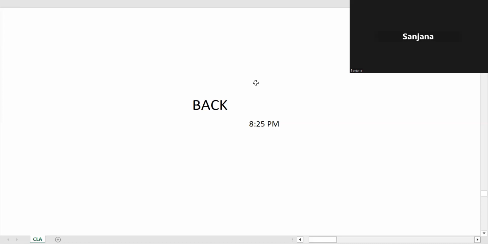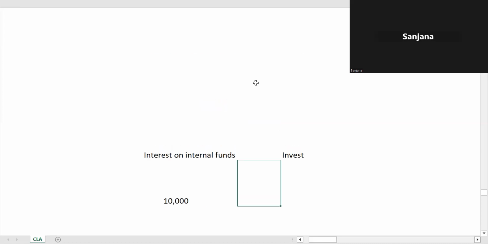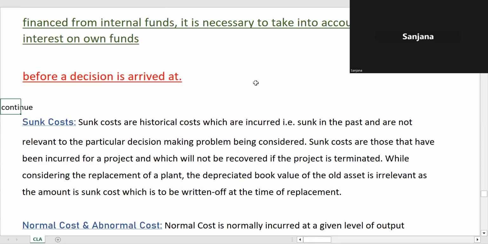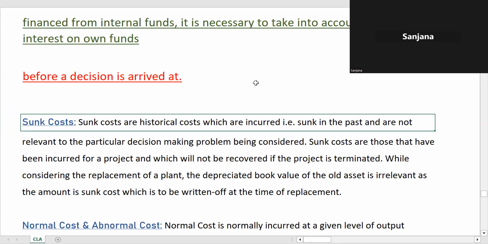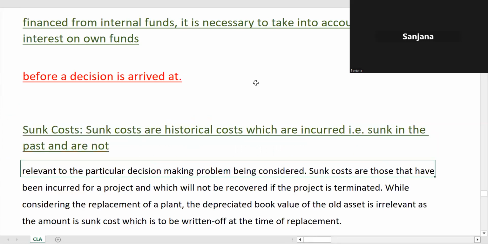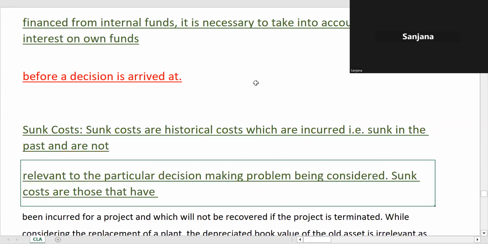Okay, so we'll come back, we will continue. Next is sunk costs. The sunk cost is what you have already incurred in the past, and hence it is not relevant to a particular decision.